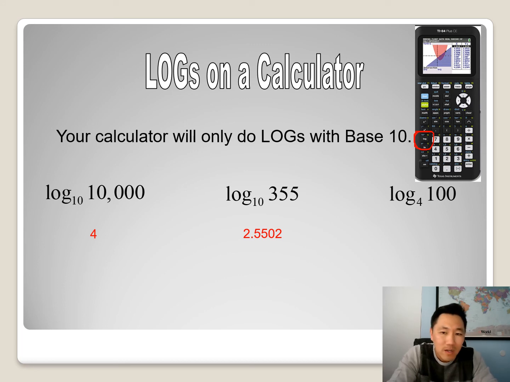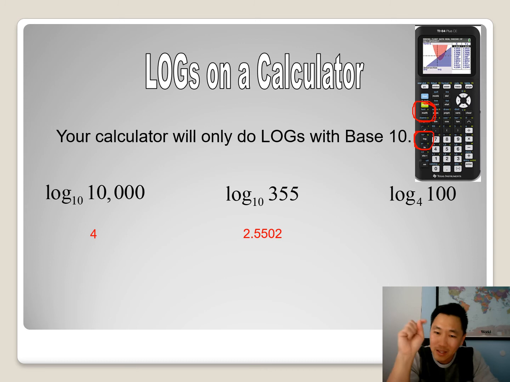there's a button up here called Math, right here. If you push the Math button, and then you scroll down until you see something that says log base. So if you have a new calculator, go to the Math button and scroll down until you see something called log base.